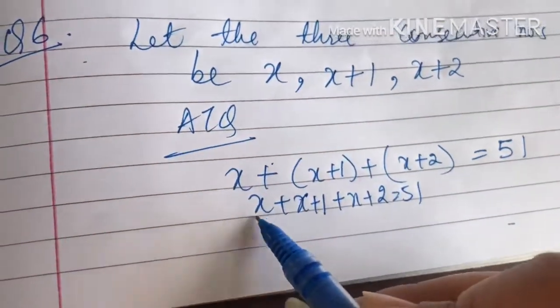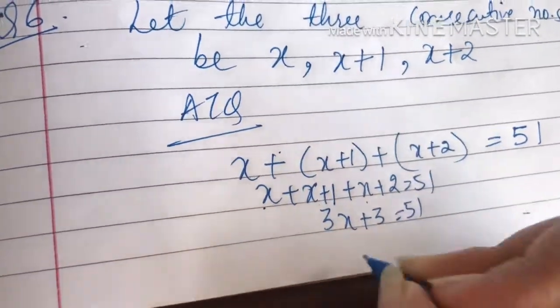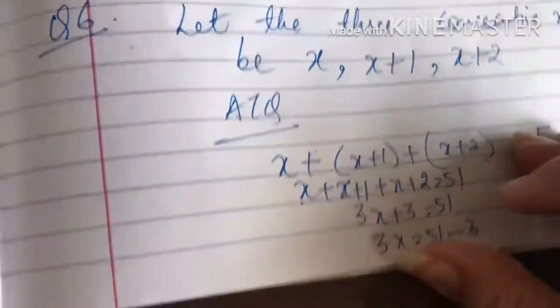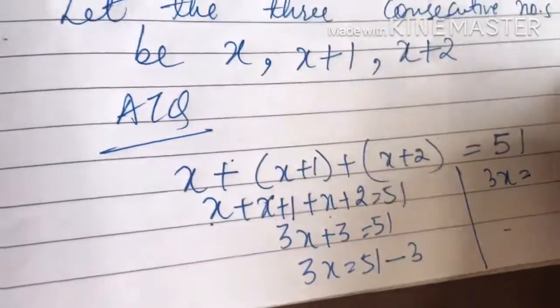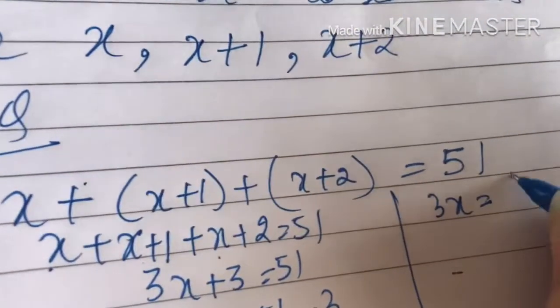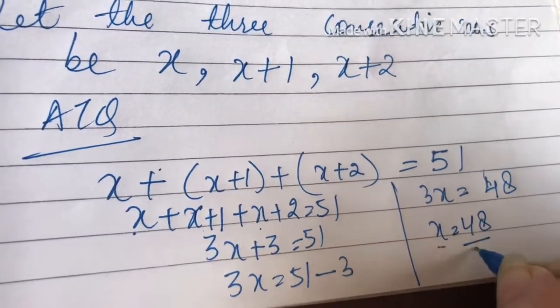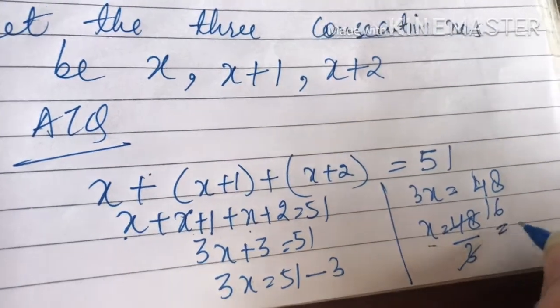How many x are there? 1, 2, 3. 3x plus 3 is equal to 51. 3x is equal to 51 minus 3, which is 48. x is equal to 48 upon 3. 3 ones are 3 and 3 sixes are 18. 16.